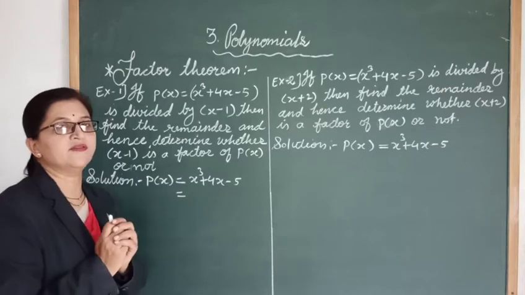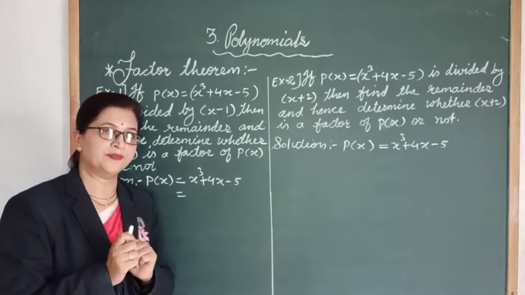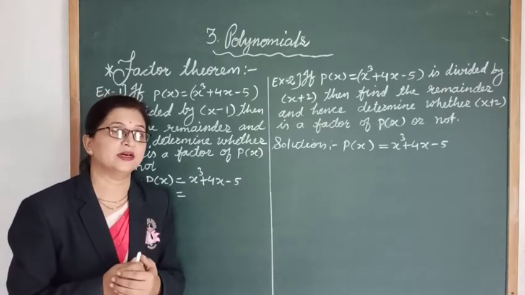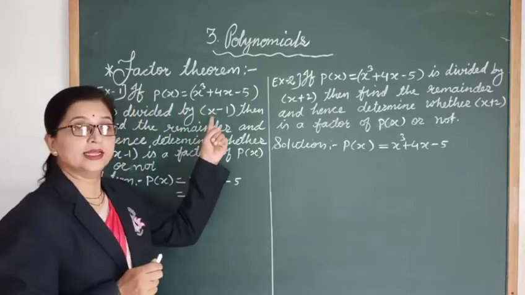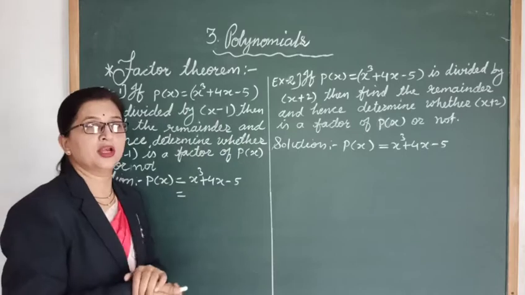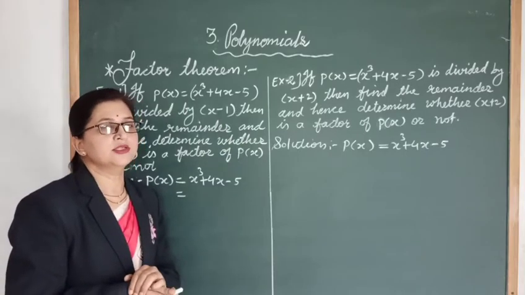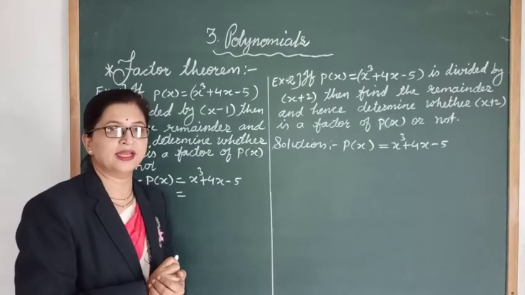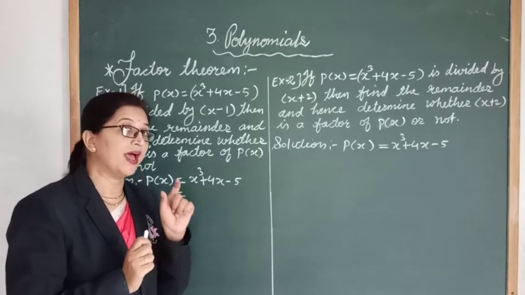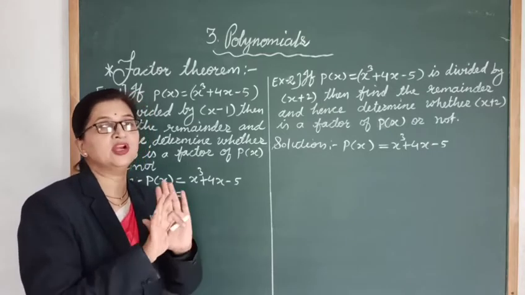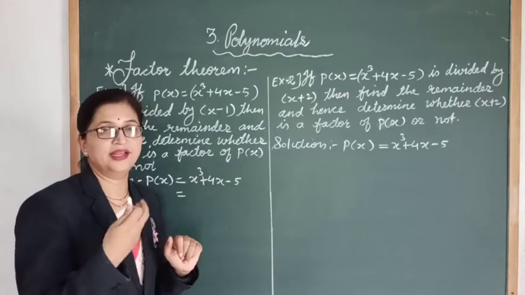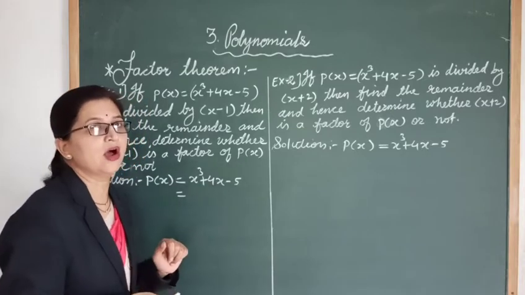So first of all we have to find out the remainder, and after finding the remainder we have to decide whether this x minus 1 is the factor of this polynomial or not. So dear students, we have studied the remainder theorem in which the value of the polynomial is equal to the remainder. So here we do not have to do the division. We'll find out the value of the polynomial.